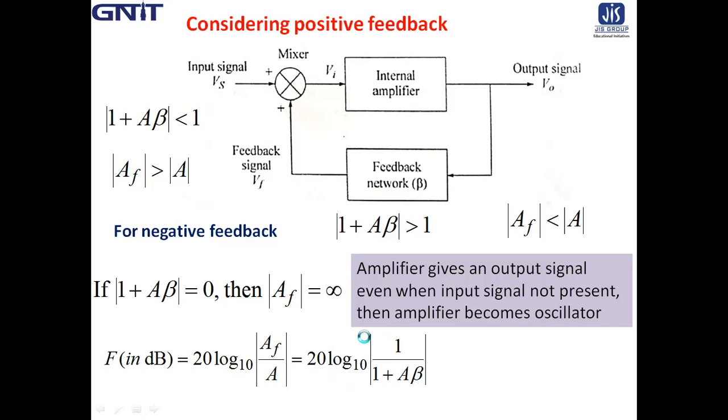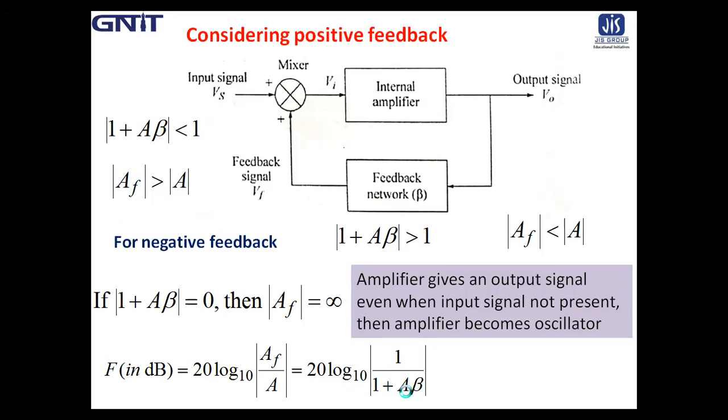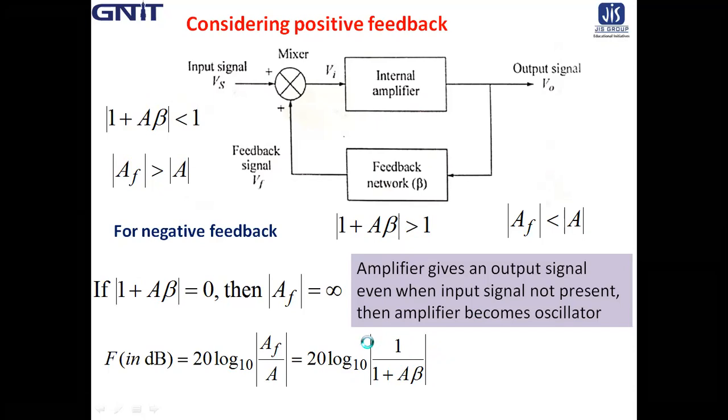So it is 20 log 10 of the magnitude of 1 by 1 plus A beta. Now F is negative for negative feedback. Why? Since the magnitude of 1 plus A beta is always greater than 1, and it is positive for positive feedback, since the magnitude of 1 plus A beta is always less than 1. So this is the basic principle of feedback amplifier.